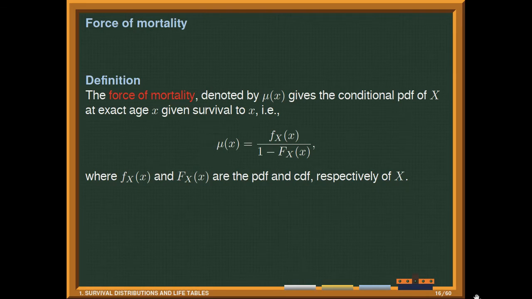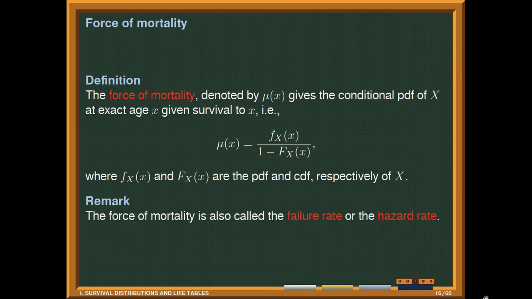So this is the conditional PDF of x at exact age small x, given survival to age small x.